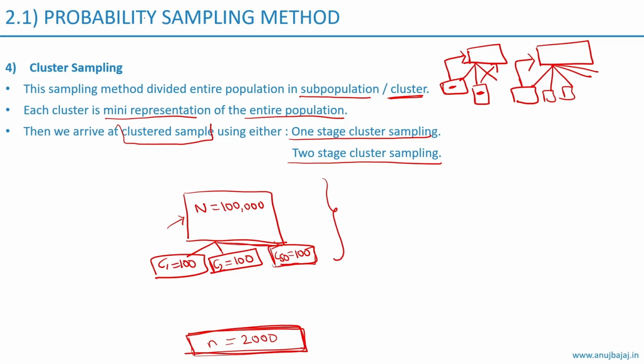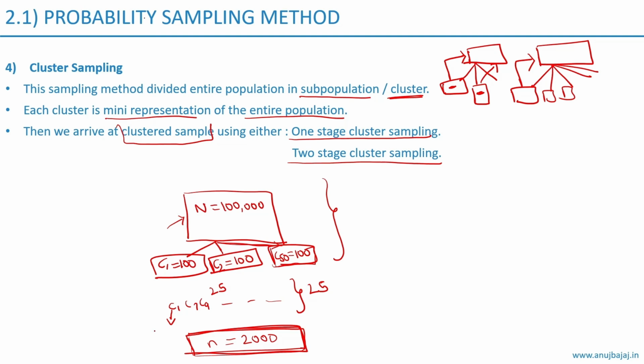Suppose in this case we randomly select 25 clusters. So I have cluster 1, cluster 7, cluster 9 and so on. I have 25 clusters with me, and within each cluster I will select 80 observations in a random fashion.